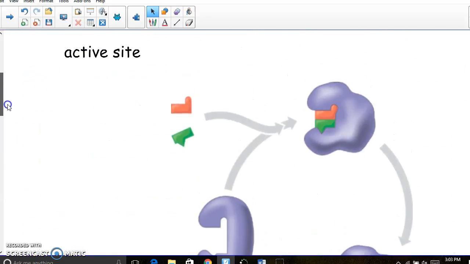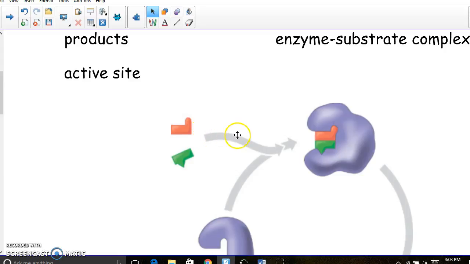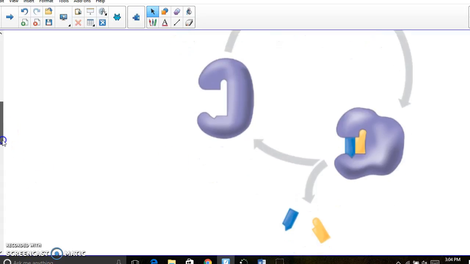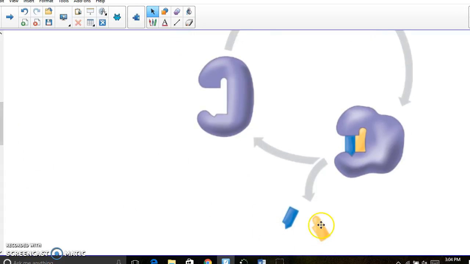Now up here, look at this arrow showing these two things going into the enzyme. Anything going into the chemical reaction makes these the reactants. It binds to the enzyme, so this is the enzyme substrate complex. It changes, see, it's still the enzyme substrate complex, but now it's changed those reactants, and it releases the products.